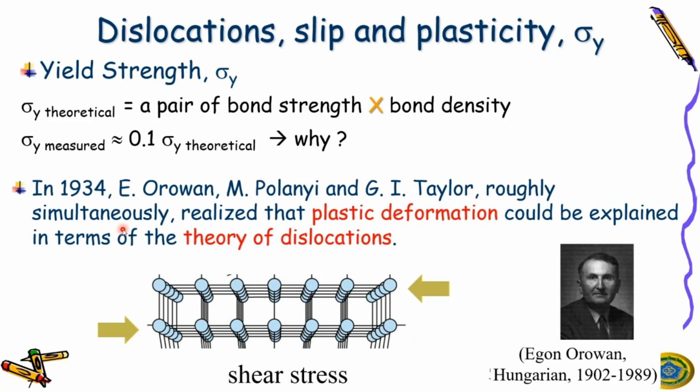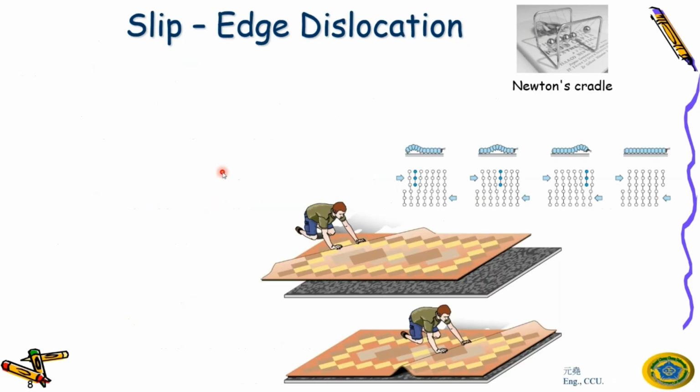So the theoretical yield stress doesn't work, but they found out that you can use a kind of theory, we call this the theory of dislocation, and we only get 10% of the theoretical yield stress. And this is what we call slip. And this is how we can explain the edge dislocation.